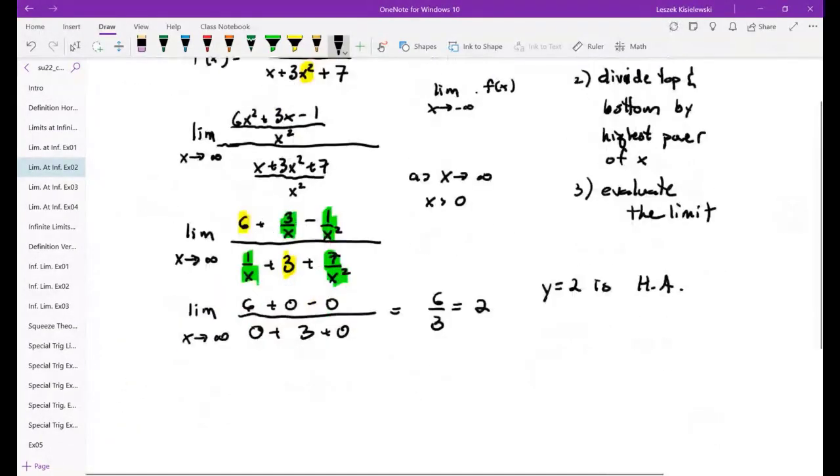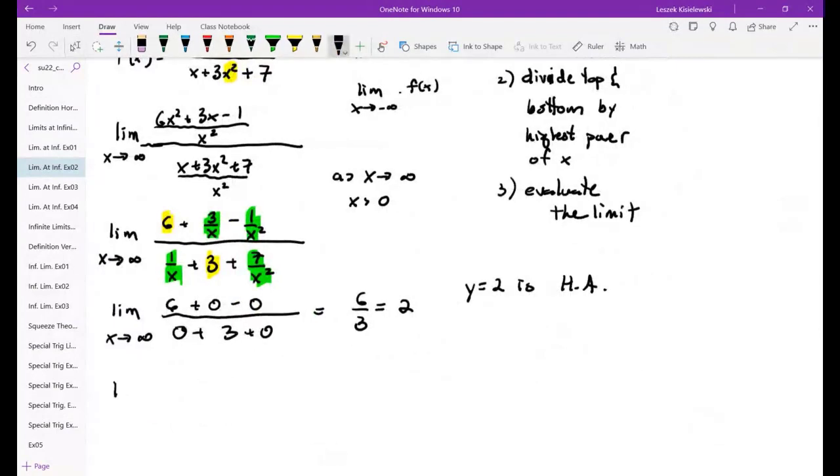Okay, and now would this argument be affected if we instead let x go to negative infinity? Well, no, you would use exactly the same technique. You find the highest power of x in the denominator, divide the top and bottom by that highest power, reduce, and then evaluate the limit, but the situation is exactly the same, right?